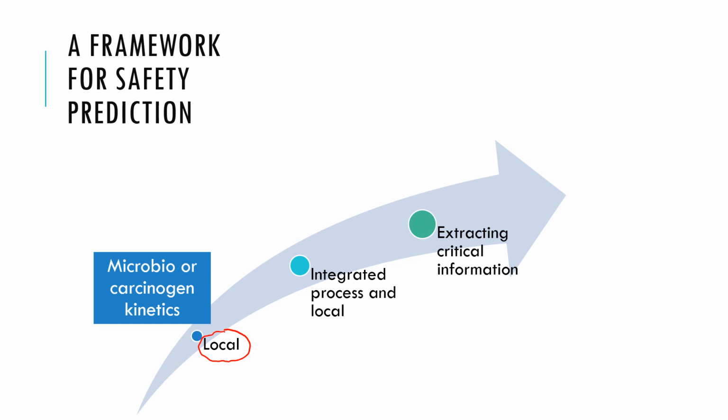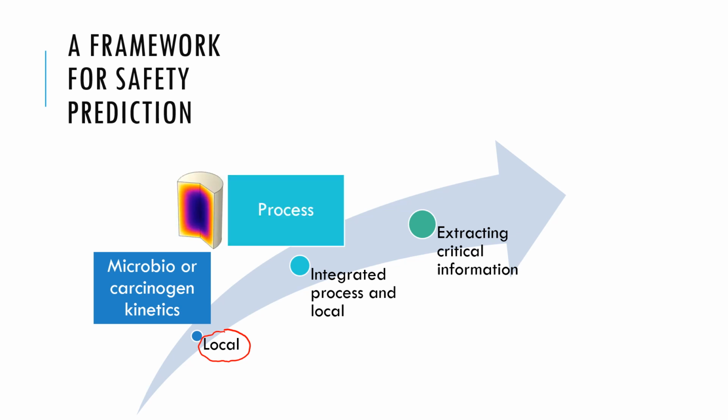But temperatures can vary in a process, like it's shown here, that throughout the food, the temperatures are typically different, and they also change with time. So the rate of growth or the destruction kinetics are different depending on the local values.